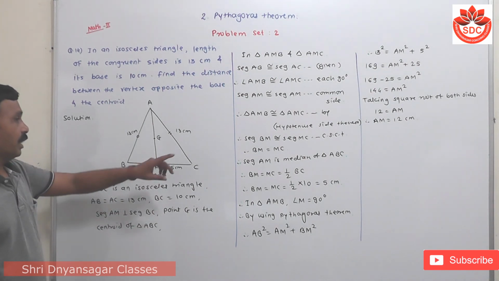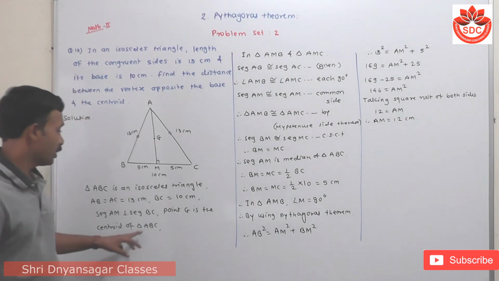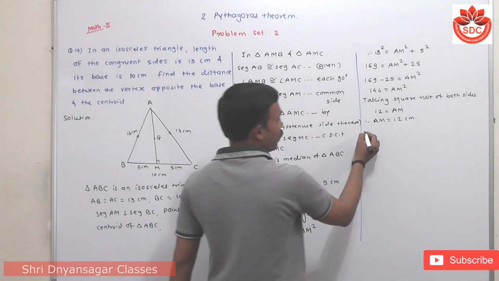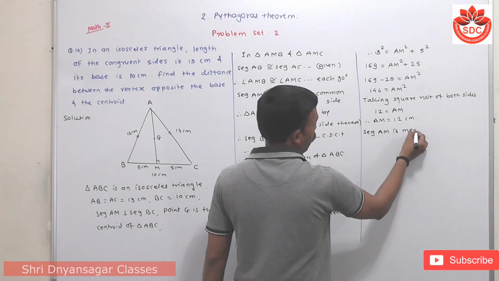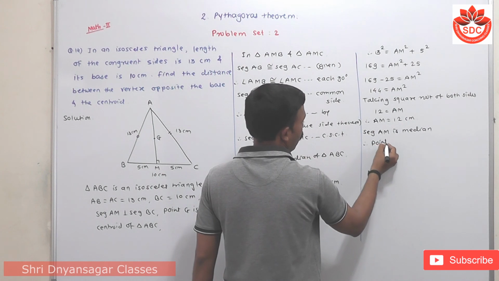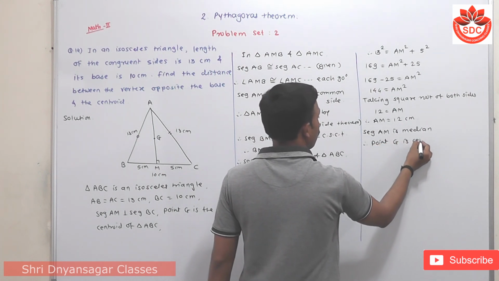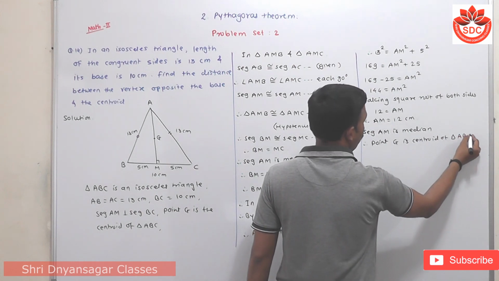Now segment AM is the median. Therefore, point G is the centroid of triangle ABC.